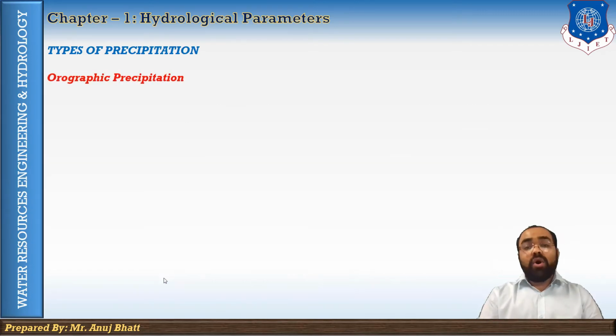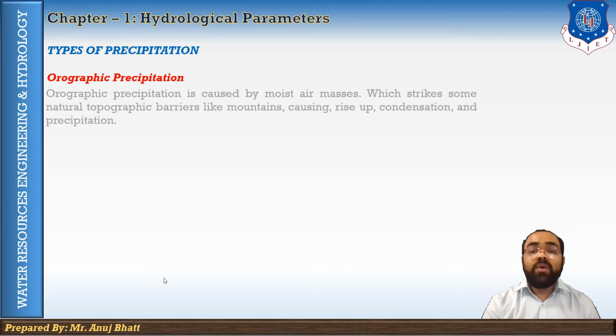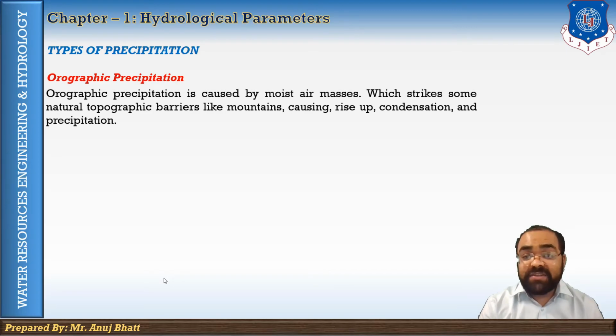The third one is orographic precipitation. Orographic precipitation is caused by moist air masses which strike natural topographic barriers like mountains, causing them to rise, with condensation and precipitation.